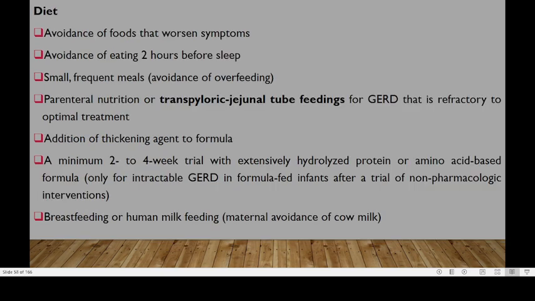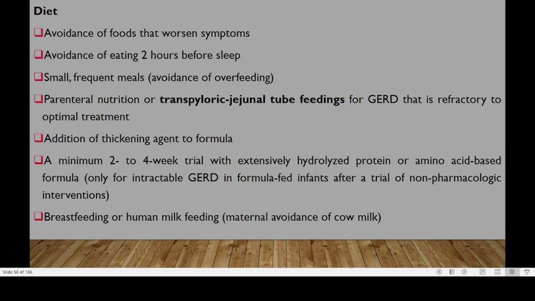They need to avoid foods that can worsen symptoms, avoid eating 2 hours before sleeping, and have small frequent meals so you avoid overfeeding. You could also use parenteral nutrition or transpyloric jejunal tube feedings for gastroesophageal reflux that is refractory to optimal treatment.